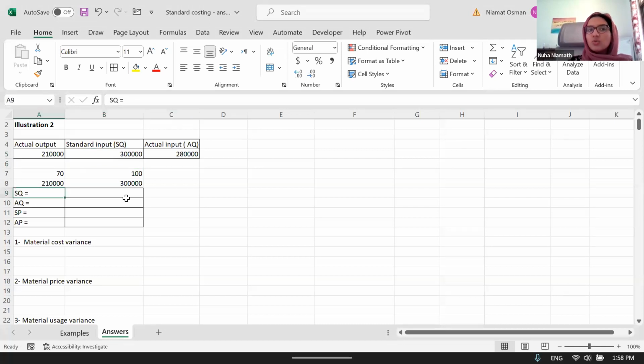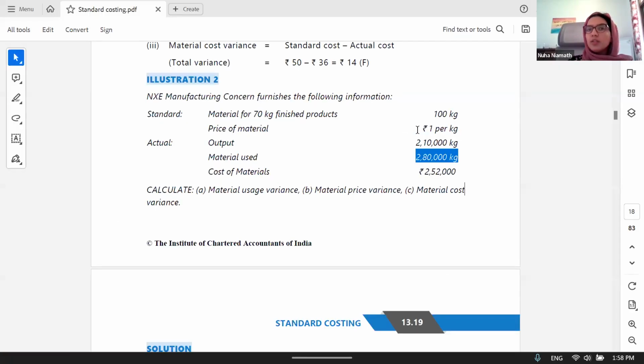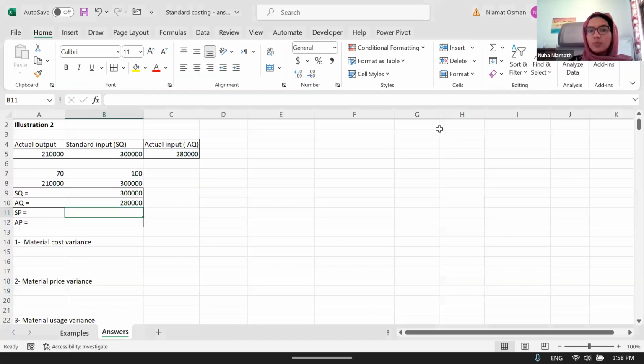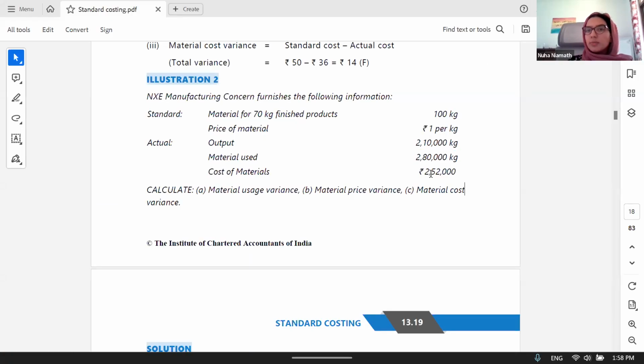Okay. So what can we infer from here? What is our standard quantity? 3 lakhs. What is our actual quantity? 2,80,000. What is our standard price? Standard price is given to be rupees 1. And what is our actual price? Can somebody tell me what is the actual price per unit? 0.9. Perfect. I hope you're not looking at the solution, right?